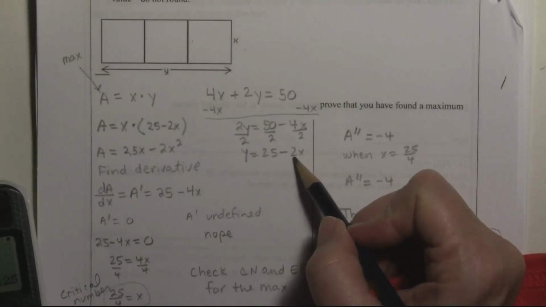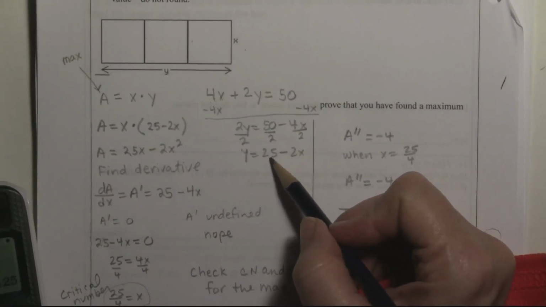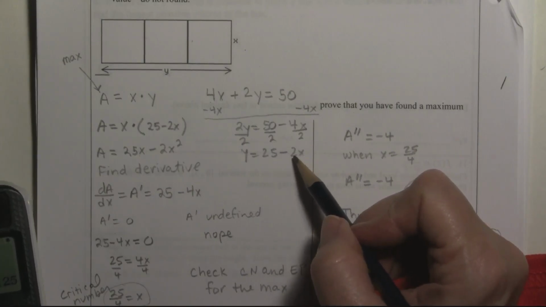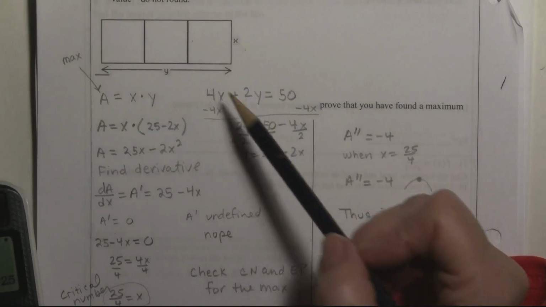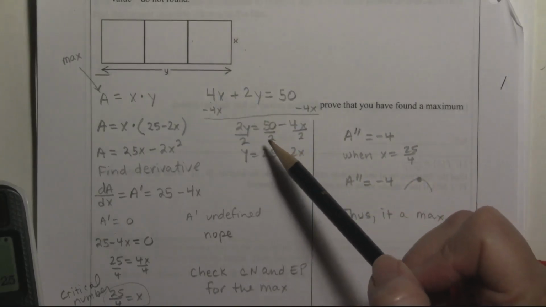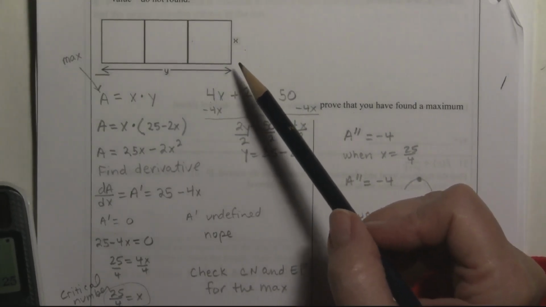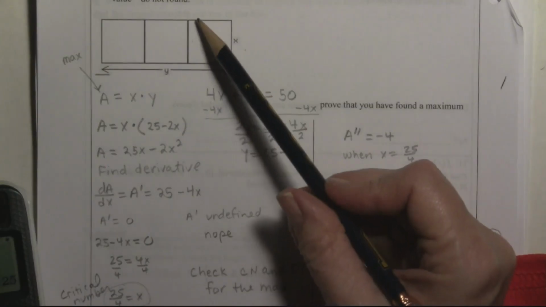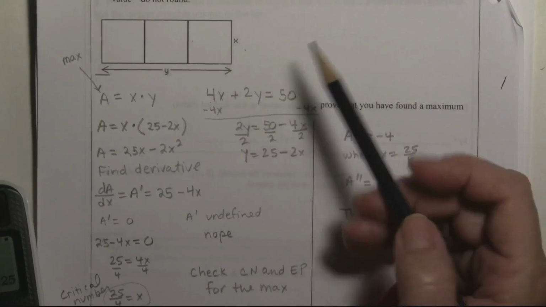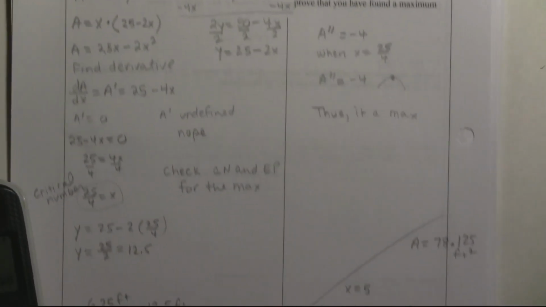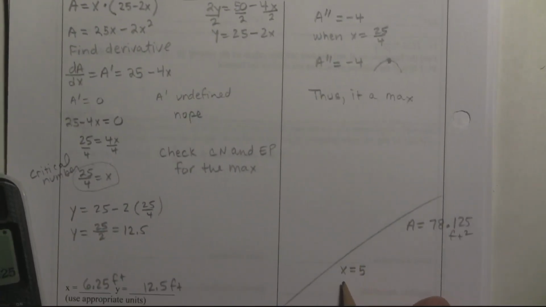And then 25 minus that, right, to give us what y is. That's what we were wanting to do. I've divided this formula by 2 to solve for y instead of having both y's here, you know. So let's figure out what y would be for this situation, and we'll go back and make sure that it's using 50 feet here.